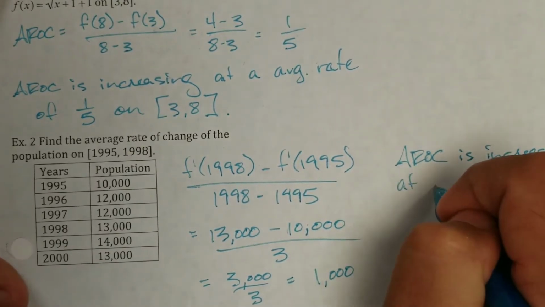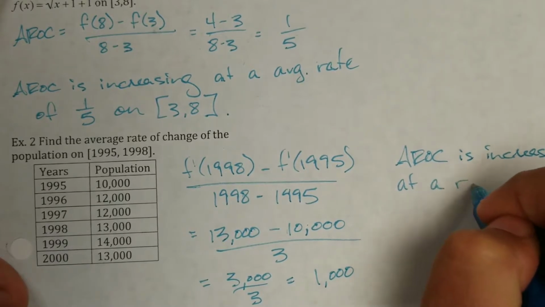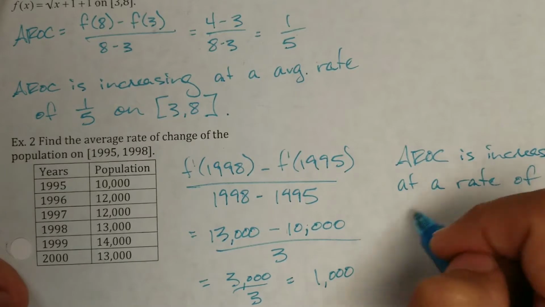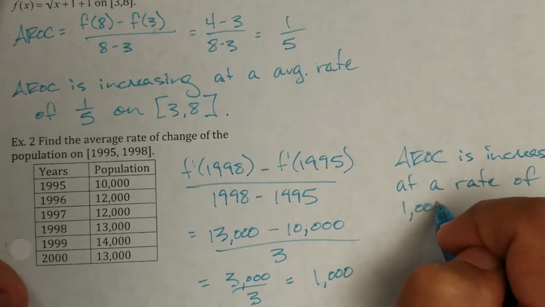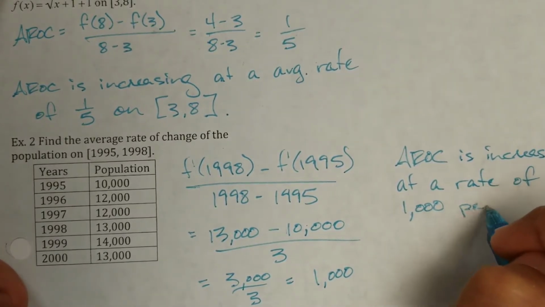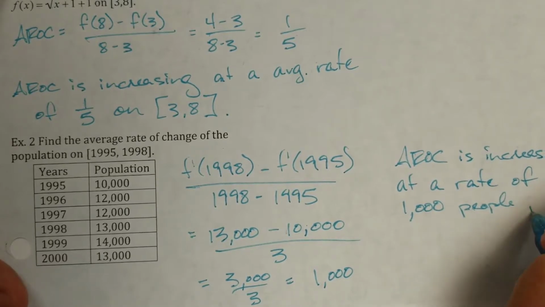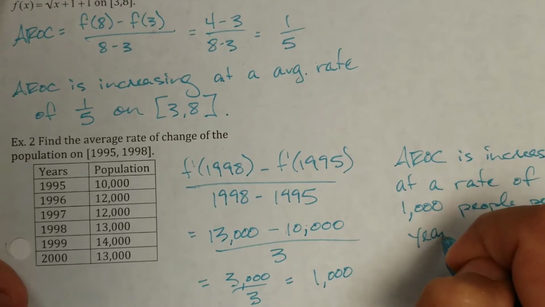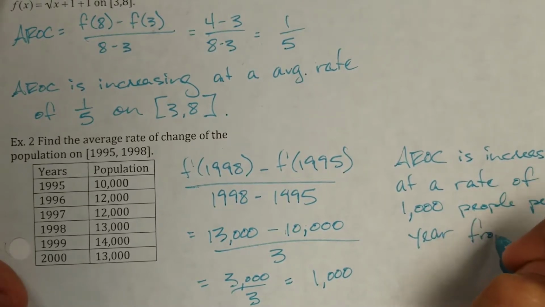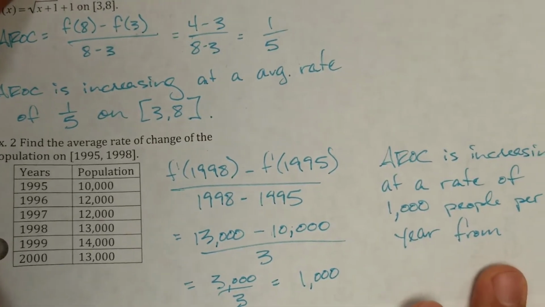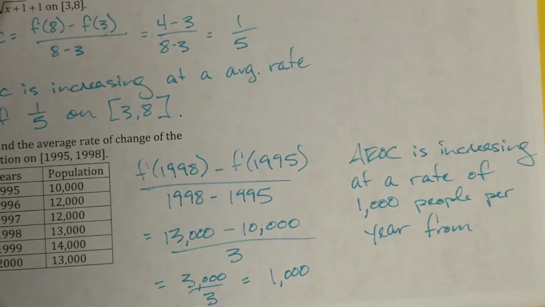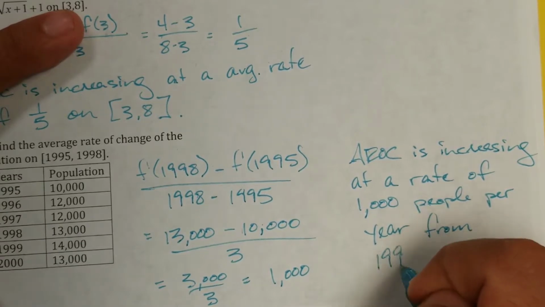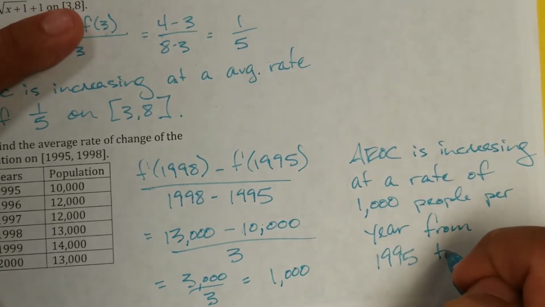Increasing at a rate of 1,000 people per year from 1995, so there's your interval, to 1998.